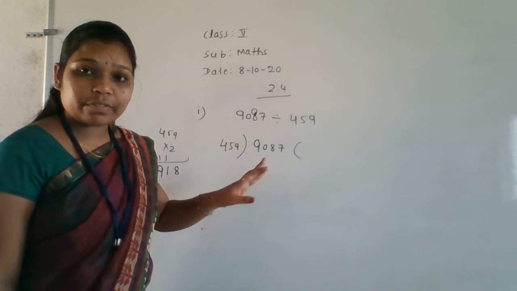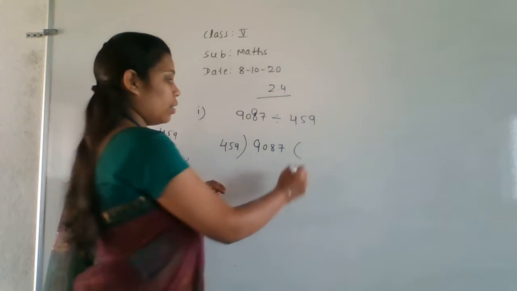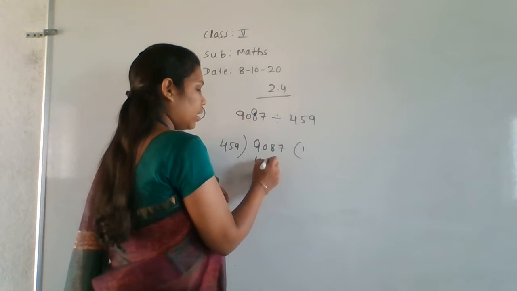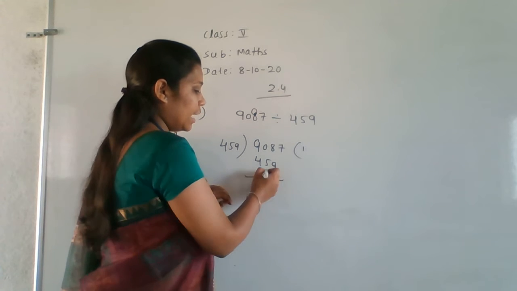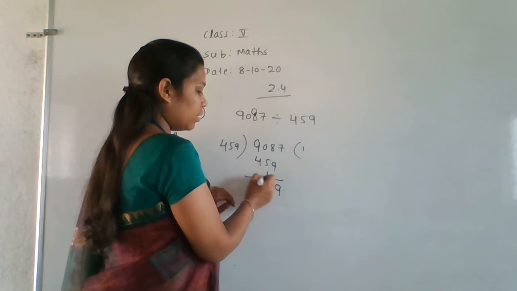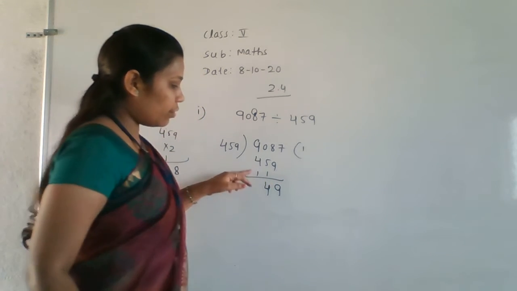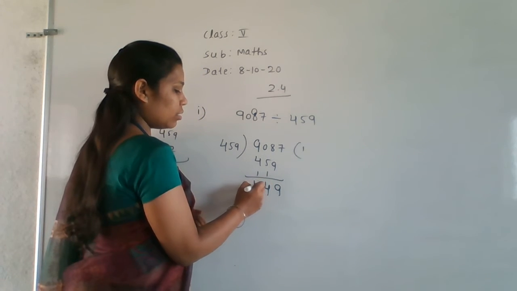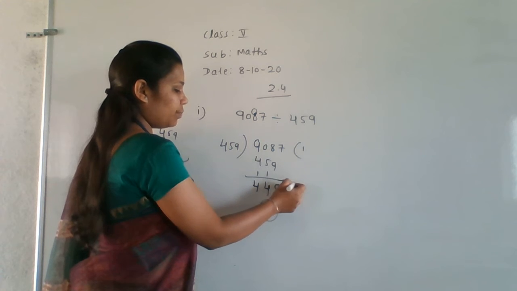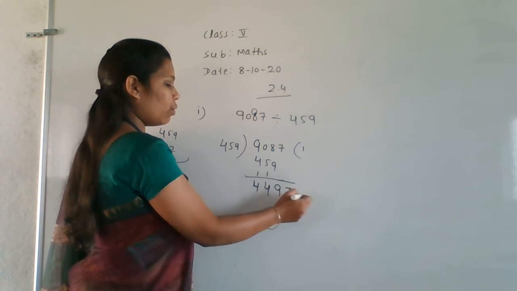That is 459 ones. Take here 459. 18 minus 9 is 9. 10 minus 6 is 4. 9 minus 5 is 4. Next, take this value 4.